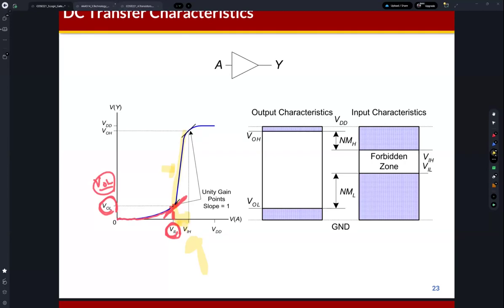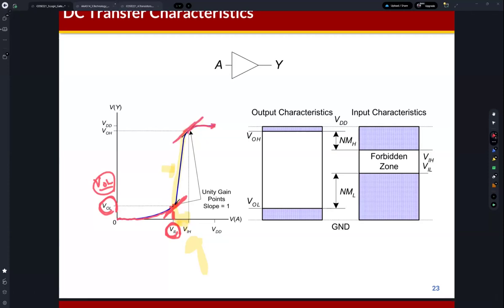Do you understand? So the input can be influenced slightly by noise, but the output value changes dramatically. So this system is unstable, right? Do you understand? So we need to avoid this range. Okay, so this is the forbidden zone.